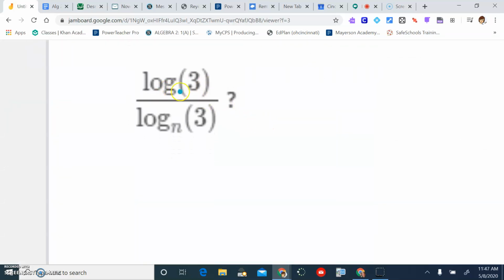This one's already log base 10, so I'm going to change this guy. I am just going to rewrite that as log base 10 of 3 divided by log base 10 of n.